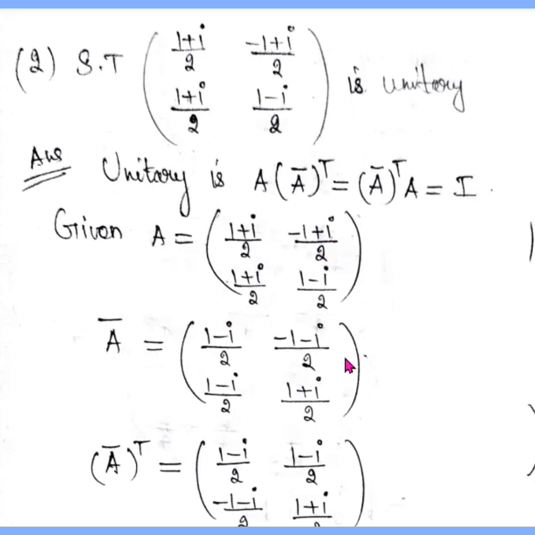Now we have A bar and we need A bar transpose. Transpose means the first row is written as the first column, and the second row is written as the second column.